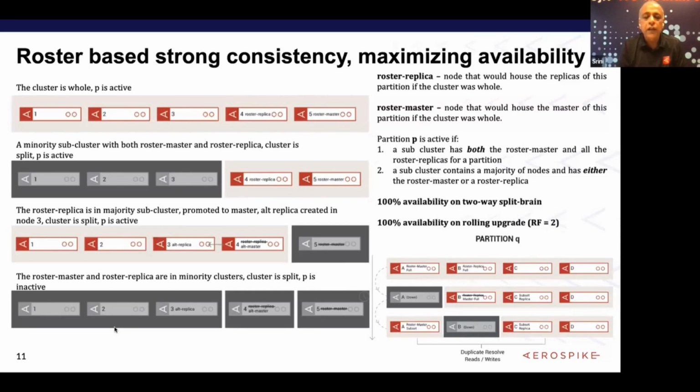Now, if node 5 rejoins this cluster, let's say we are doing a rolling upgrade, node 5 went down, it's got upgraded, it's come back and joins, and then node 4 is going to be taken down next. Between node 5, which has the old copy from before the cluster was split, and node 3, which has all the new data, you have all of the latest data required to answer any read or write request.